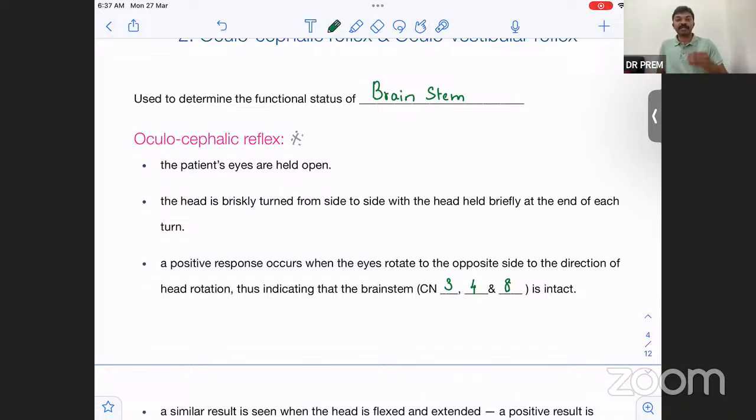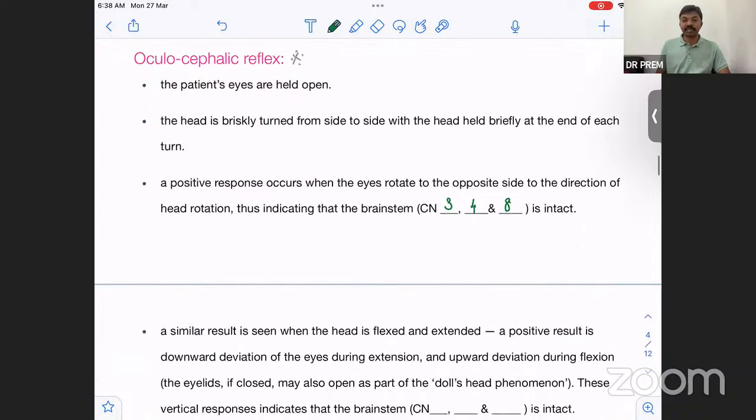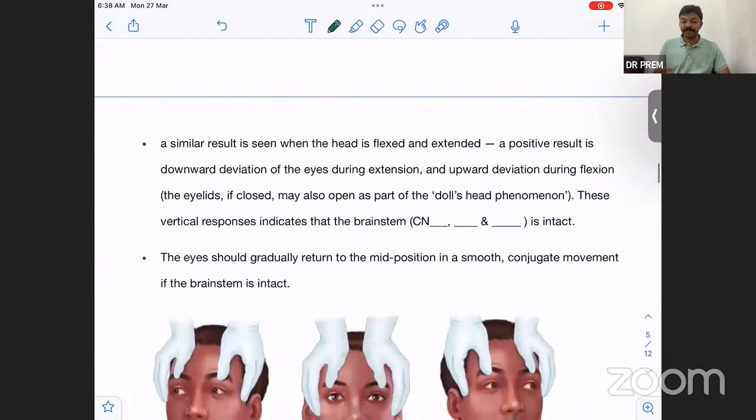The lateral semicircular canals give the inputs to the brainstem, especially the region where the oculomotor nerve nucleus and trochlear nerve nucleus are present, the midbrain in particular, and the reflex gets mediated. So the nerves involved in the oculocephalic reflex are the oculomotor nerve, trochlear nerve, as well as vestibulocochlear nerve. People, you are testing cranial nerve 3, 4, and 8.